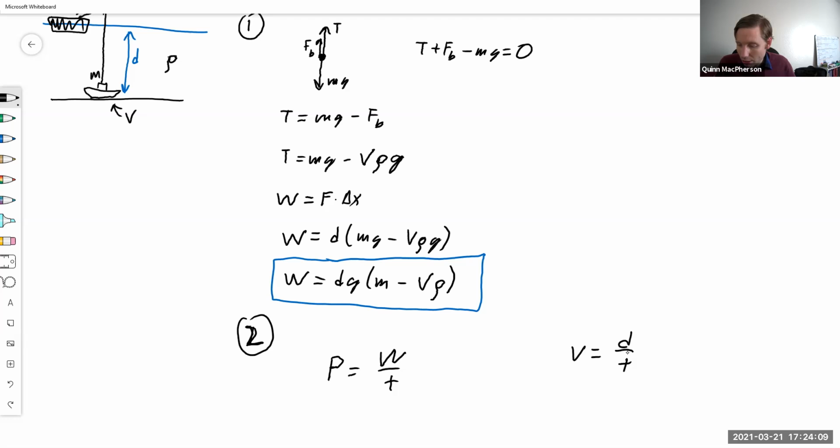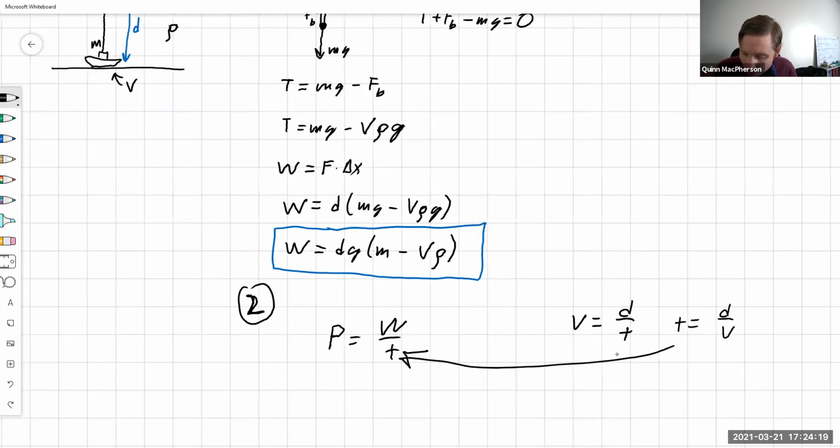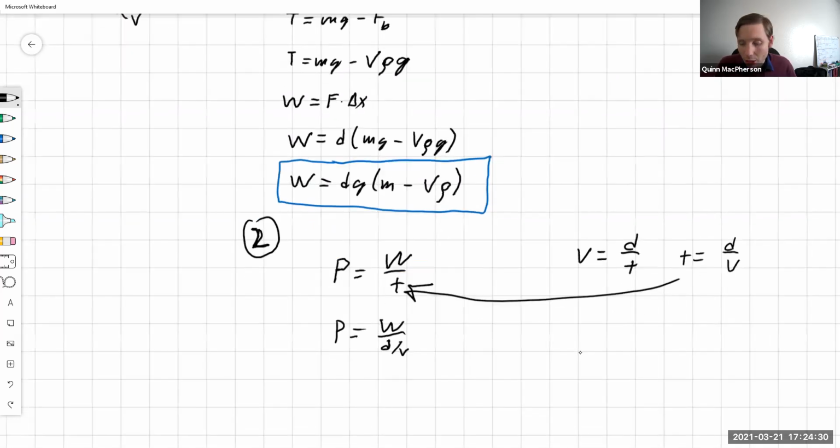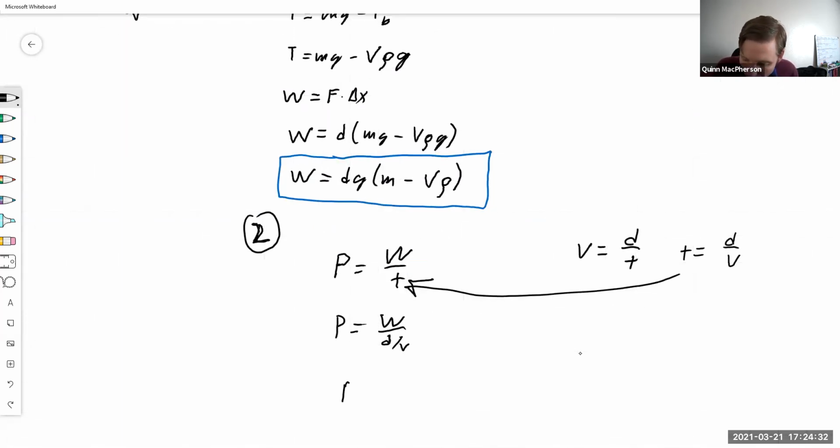So time is equal to distance over velocity. We can plug that in, and the power is equal to the work over the distance over the velocity. Velocity is in the denominator of the denominator, so that makes it in the numerator. So power is equal to velocity times work over distance.